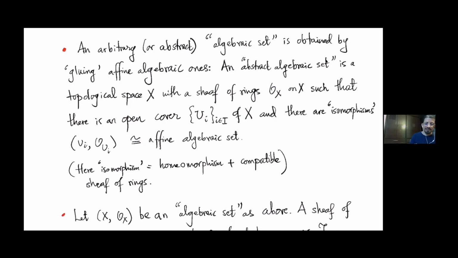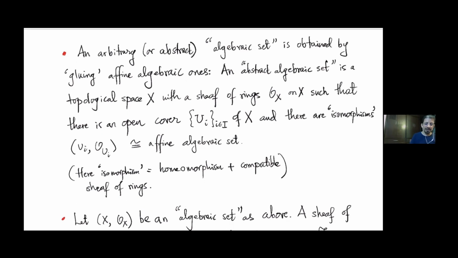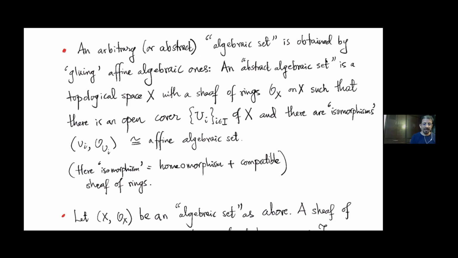Just like one defines manifolds as topological spaces locally given by Euclidean balls, or complex manifolds, which are locally given by open subsets of complex C^n, similarly one can define algebro-geometric objects more abstractly by gluing local ones, and the local ones are essentially the affine algebraic ones. So an abstract algebraic set is a topological space with a sheaf of rings, O_X.